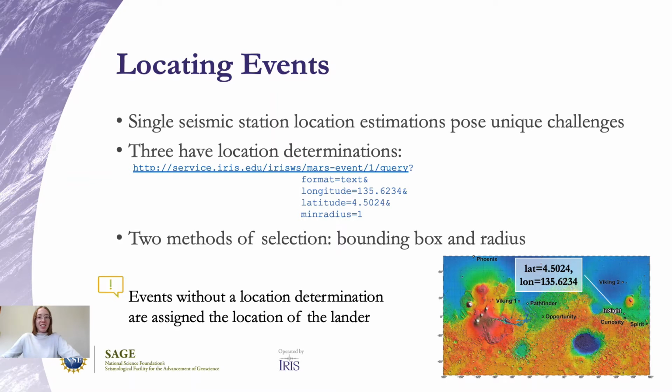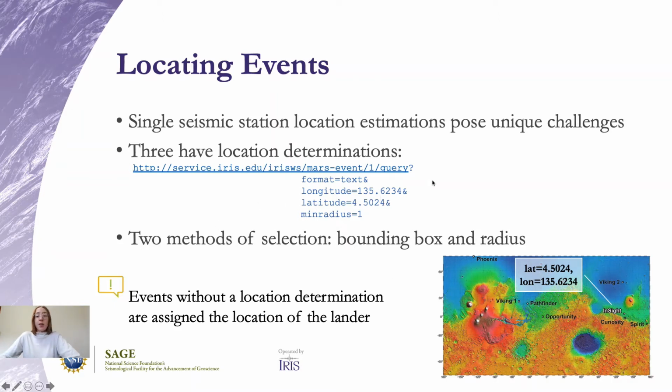Locating events on Mars poses unique challenges because there's only a single station observer, while on Earth we depend on a huge network of global seismometers. All events in the catalog not assigned a location or without a computed location are assigned that of the lander.